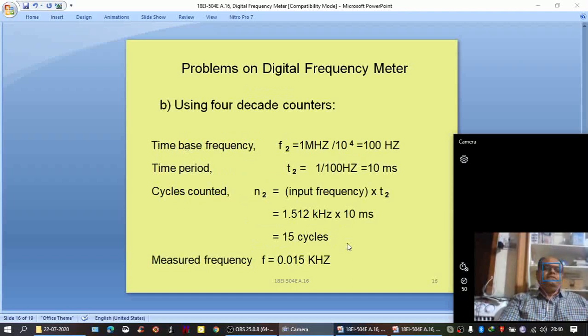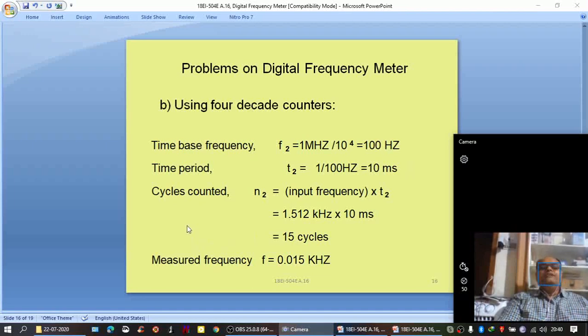Take the second case. In the second case, time base frequency is divided by 4 decade counters. So 1 megahertz divided by 10 power 4, that is 100 hertz. What is the time period of the gating pulse? It is 10 milliseconds.